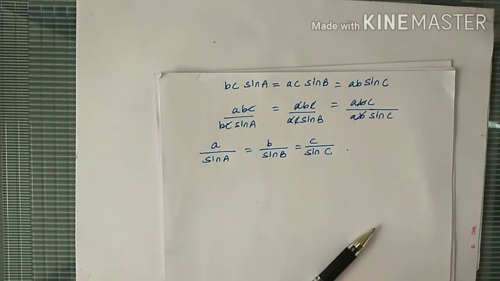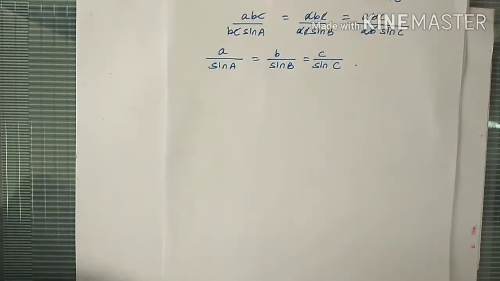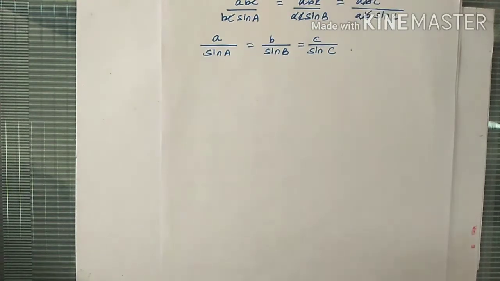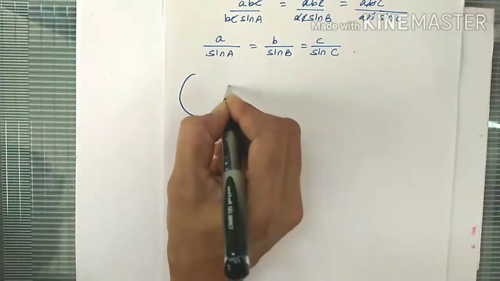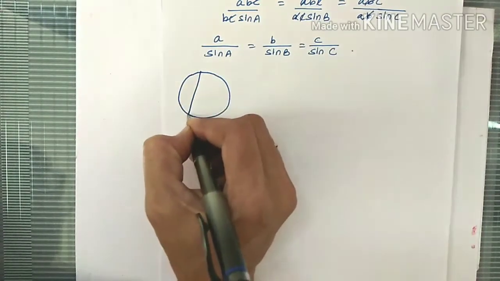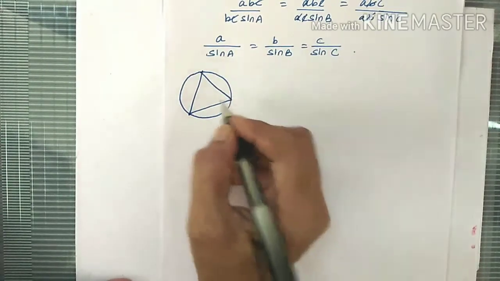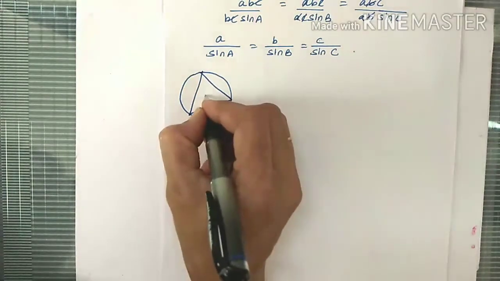Now the only thing is we have to prove that the ratio is 2R. In these 3 angles A, B and C, as the sum is 180 degrees, at least one of the angles has to be acute. So let's draw a circumcircle. Actually, we first draw the triangle and then the circle, but for me it is easier to draw the circle first and then the triangle.